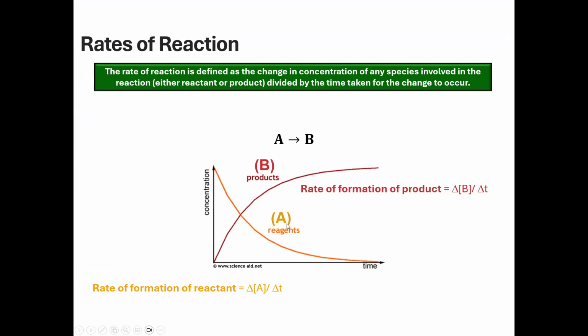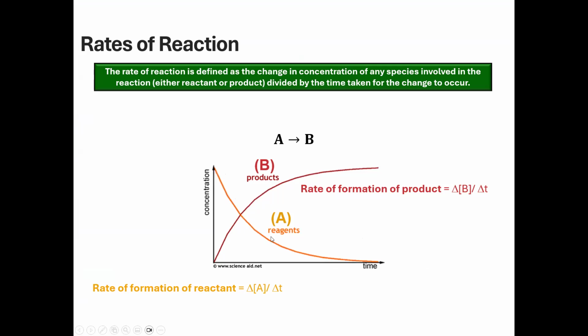If we look at A, the reagents, this line that's decreasing over time, at the beginning of the reaction we have lots of our reactant because it obviously hasn't reacted yet. Over time, once we start reacting those reagents together, they decrease in concentration.